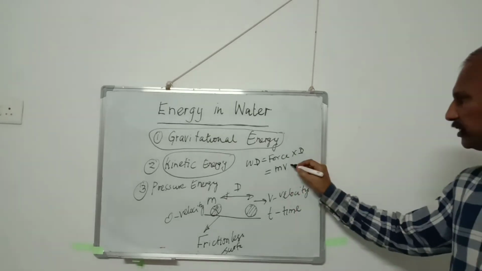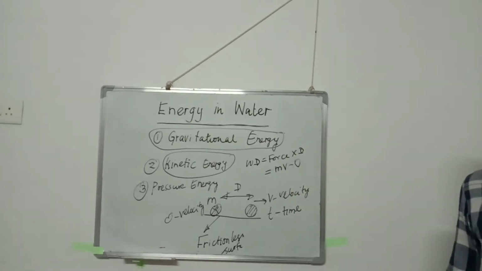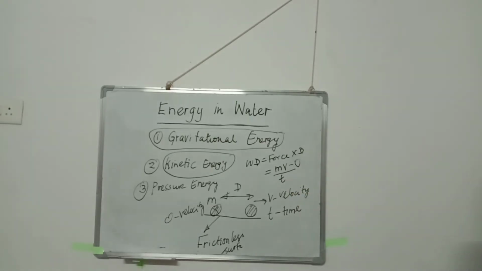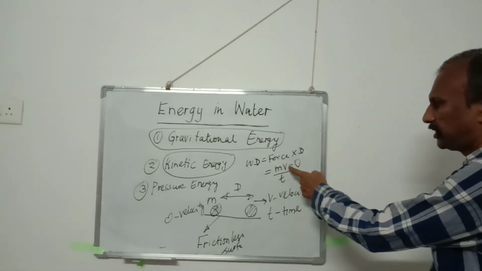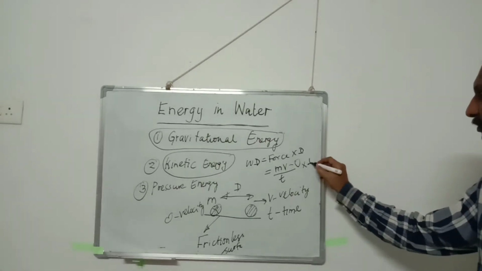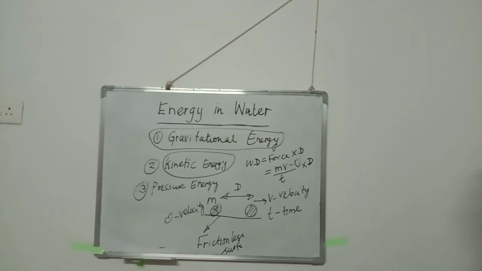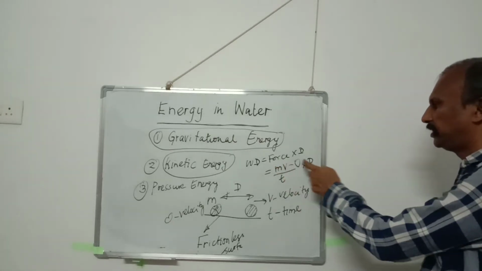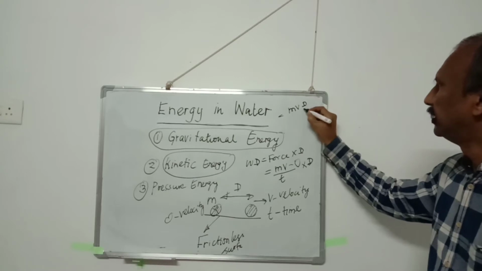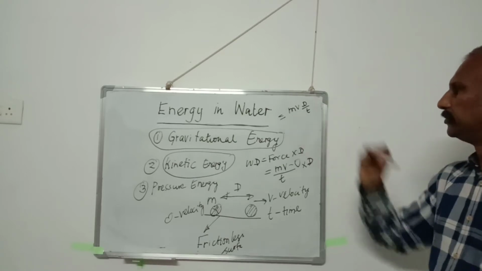Initial momentum is 0. It happens in time t. So this is the rate of change of momentum into d. So work done is mv d by t.